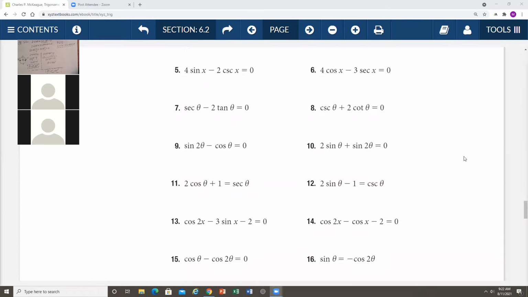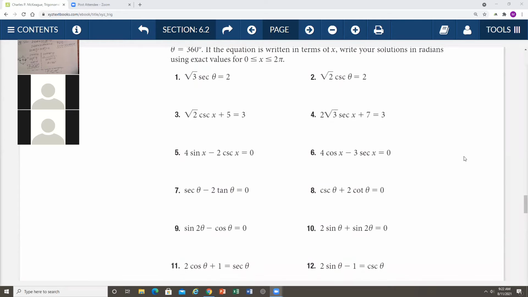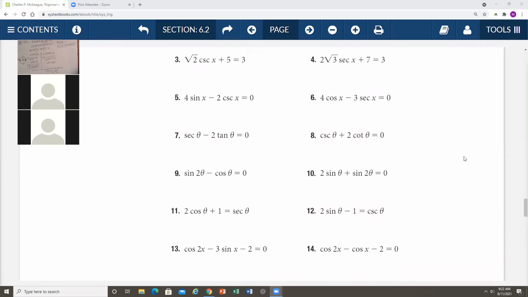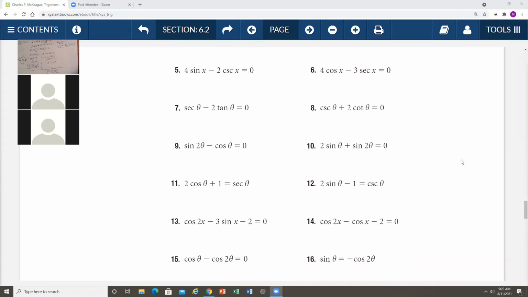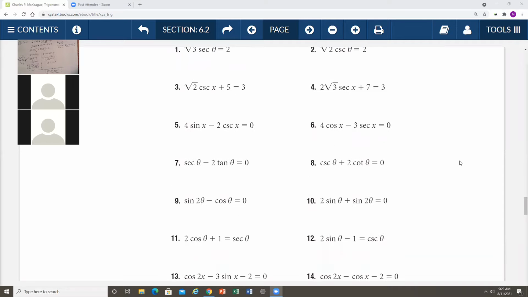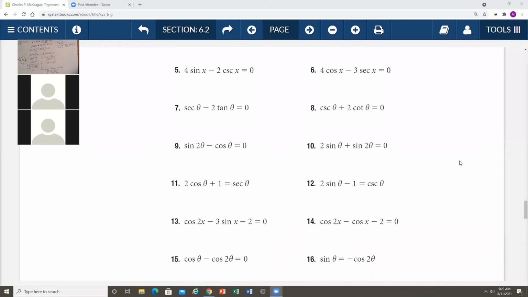You want me to solve any other ones in here? Or are we good for those or not? 13 maybe? All right, right there, 13. Let's take a look at 13.